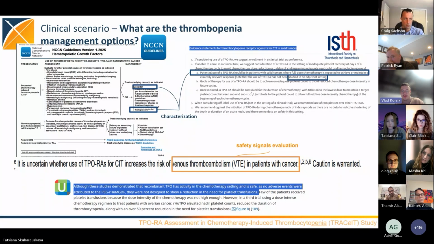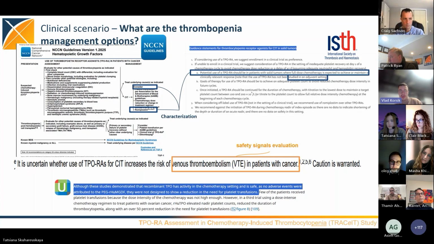What is also important, we know almost nothing about the safety profile of these agents, especially in case of severe adverse reactions like thromboembolic events. And the other point to be highlighted is that we have no understanding of the impact of TPO-RA administration on the number of platelet transfusions administered for such patients.